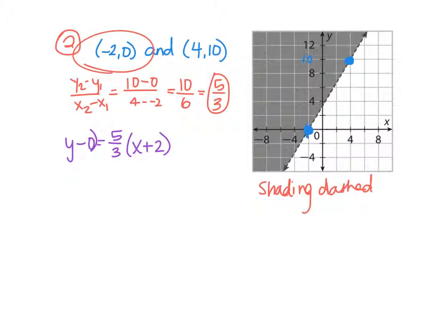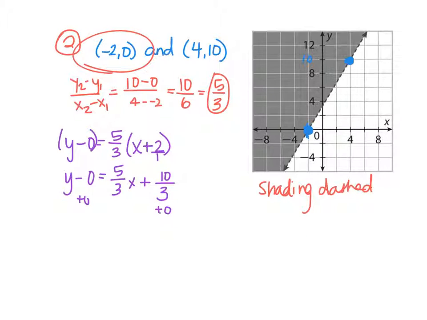Remember, when we do parentheses, we've got to think opposite. This is going to be y minus 0 equals 5/3 x plus, and if you put this over 1 and multiply, you get 10/3. I still want this to be y equals, so technically I could add 0 to both sides.